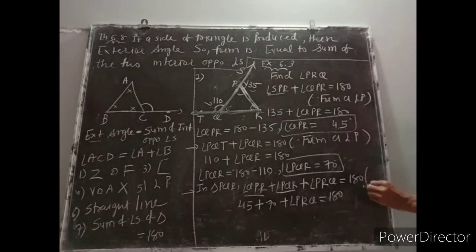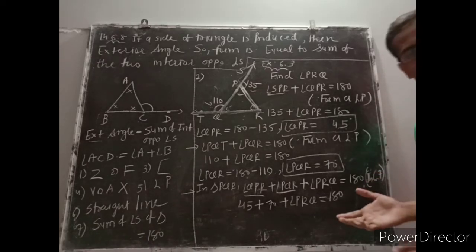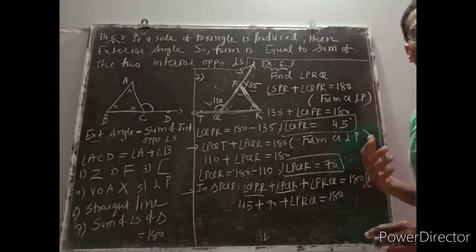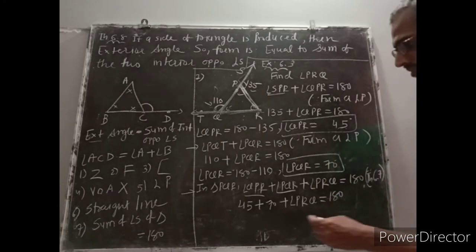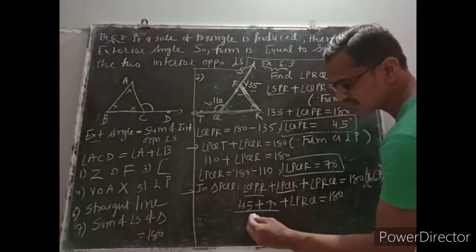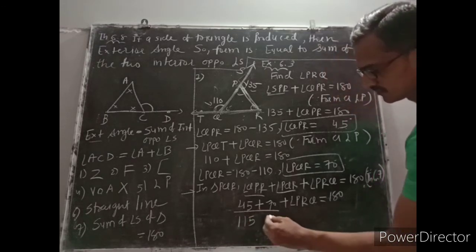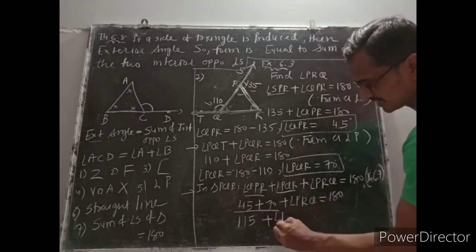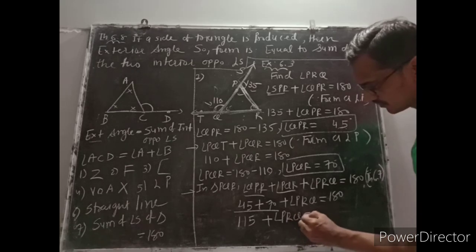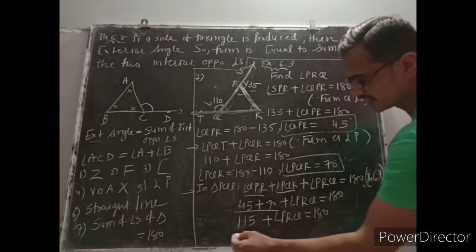Here you can write the reason, theorem 6.7 or also you can write angle sum property. 45 plus 70 will be 115 plus angle PRQ is 180.